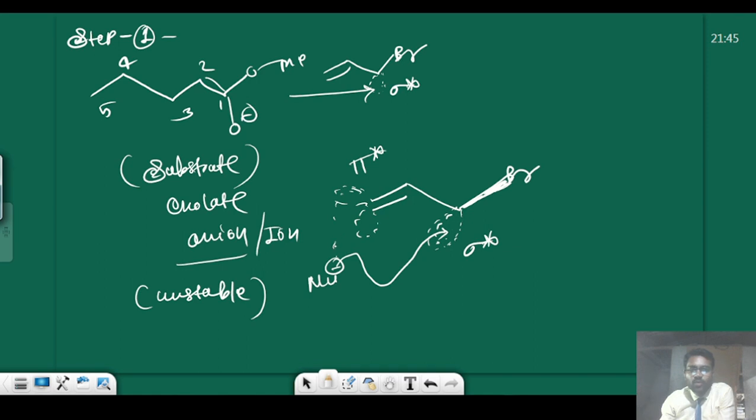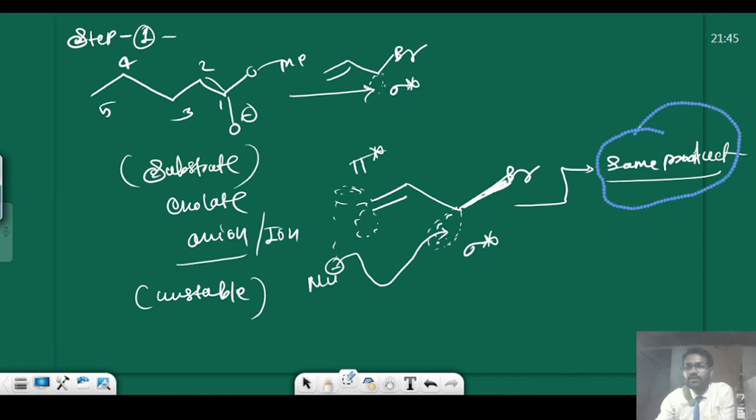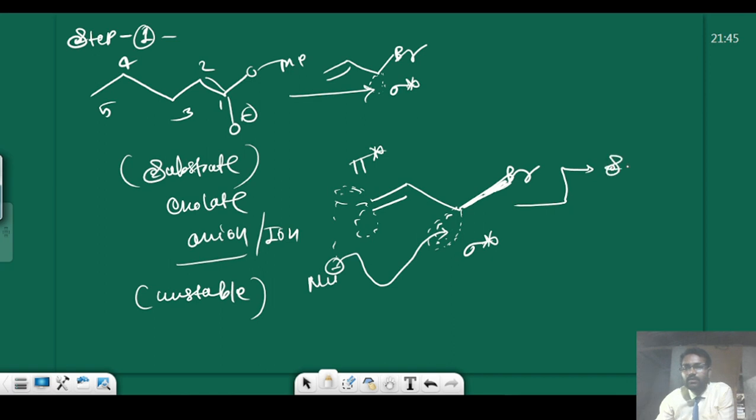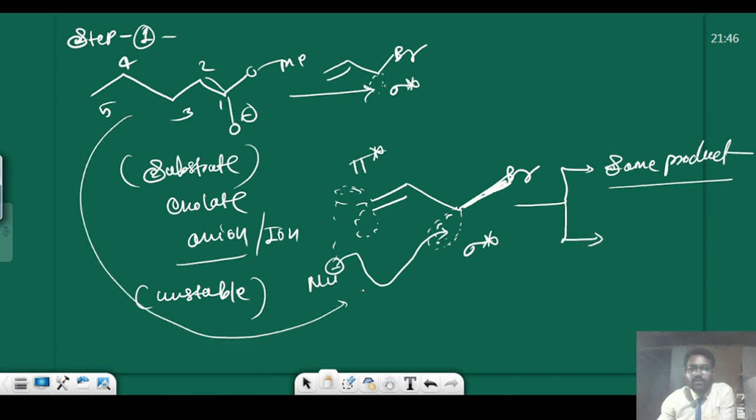If it attacks the sigma star orbital of the carbon-bromine bond, then we get the same product.